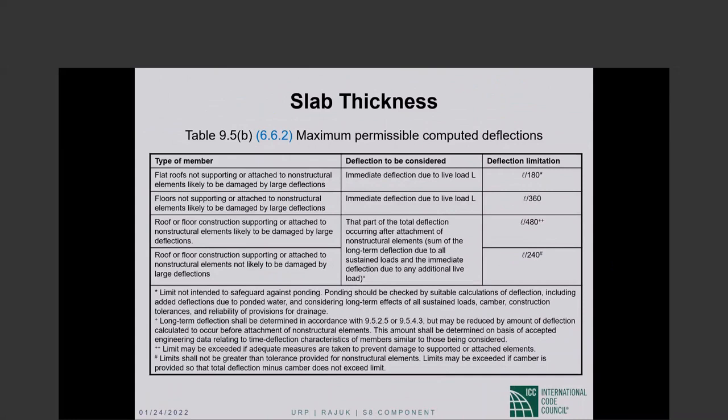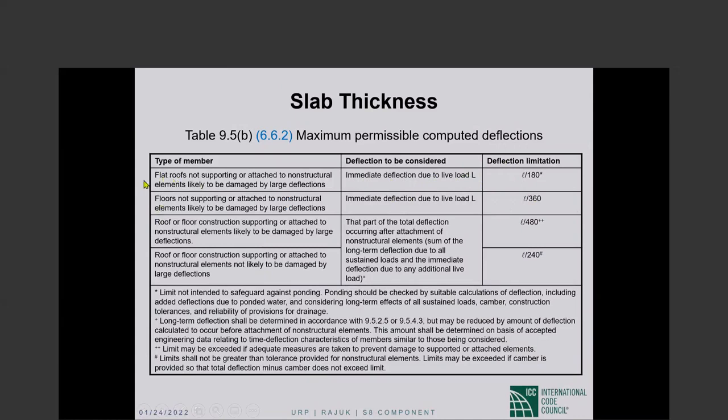This table also we have seen, we have two sets of limits. One applies to immediate deflection upon application of live load. So as soon as you apply live load on your slab, there is immediate deflection. Those are limited to either L over 180 or L over 360, depending upon this and that.